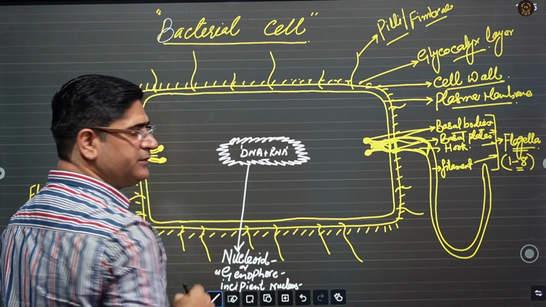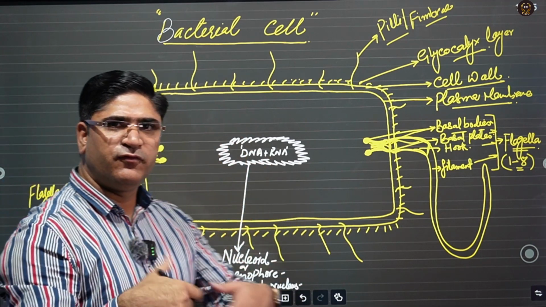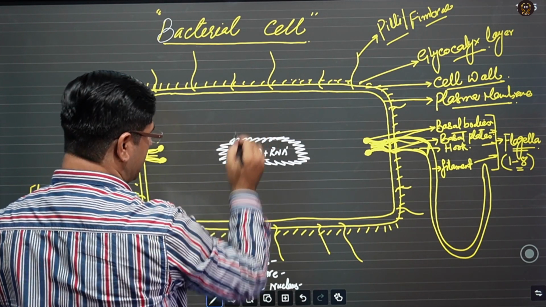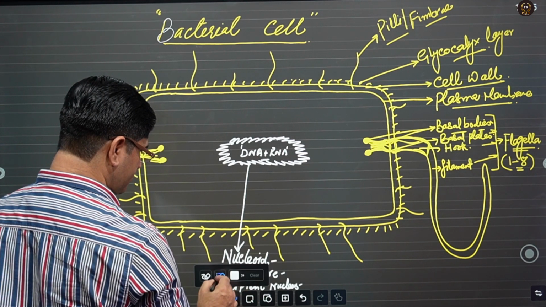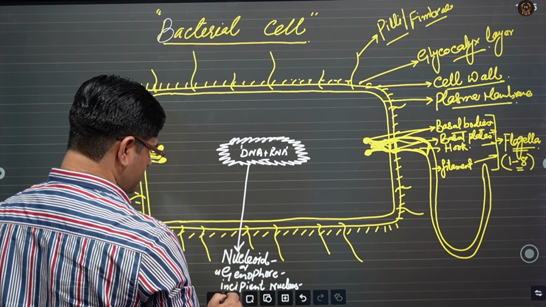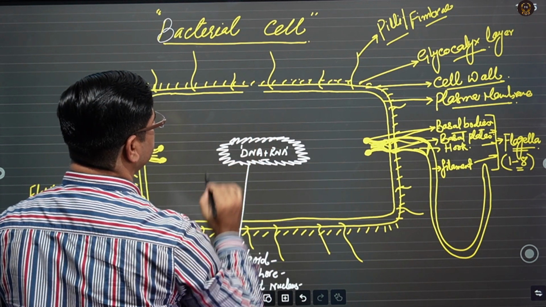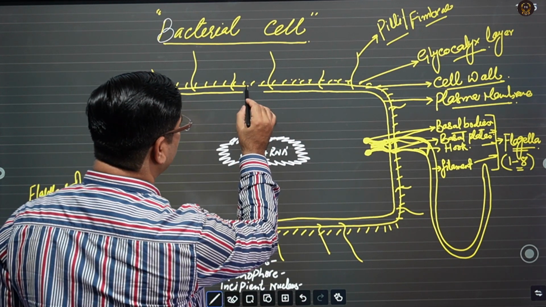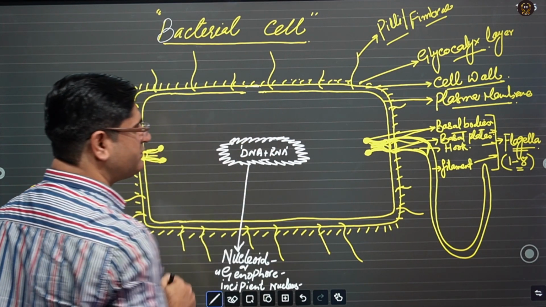Now in the bacterial cell, at certain places the plasma membrane shows invaginations at different locations. It goes enfolded inside. For example, here the plasma membrane enfolds like this. I have highlighted this small portion of the plasma membrane.